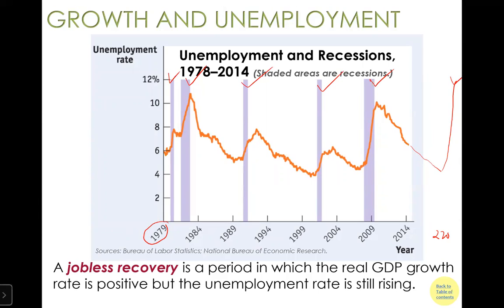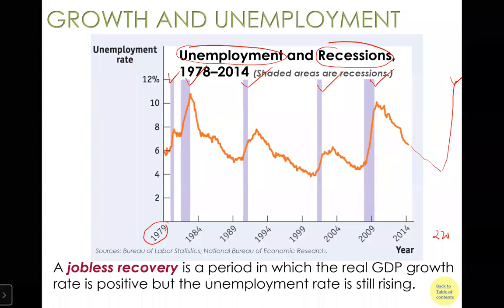Okay, we are going to explain to you later why unemployment rate is typically high during recession. But for now, just pay attention. This is just empirical facts, or this is what the data tells us.